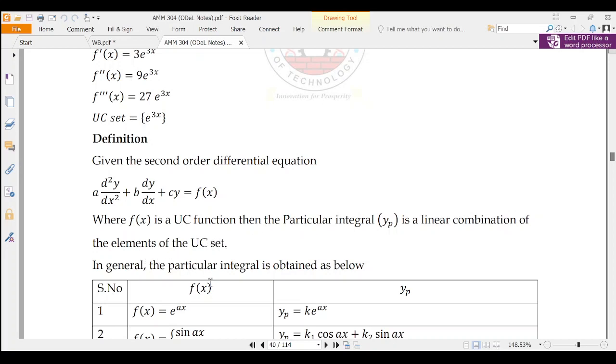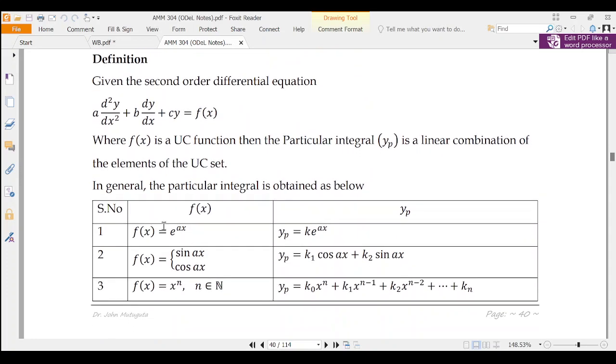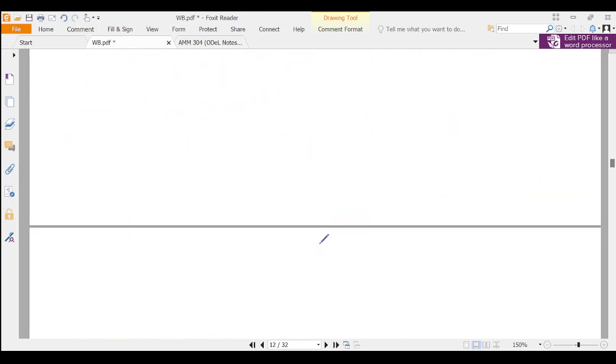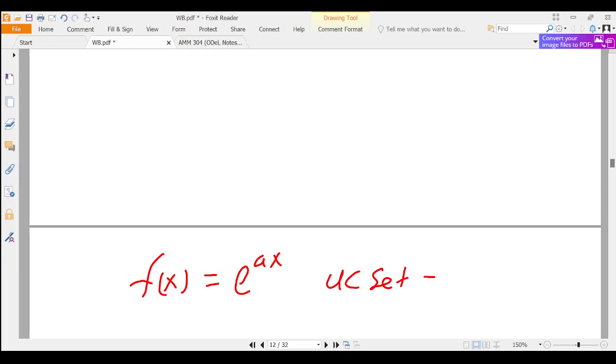So in general, we write that if f of x is an exponential function, f of x is equals to e raised to power ax, then the UC set will comprise of only one function, e raised to power ax.